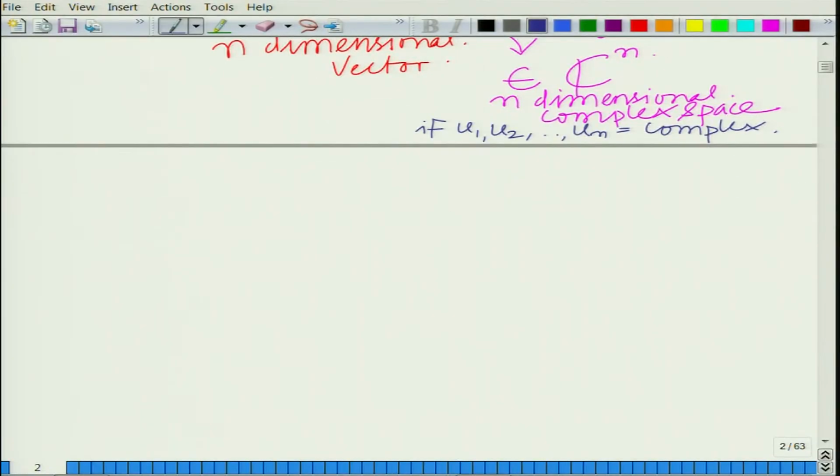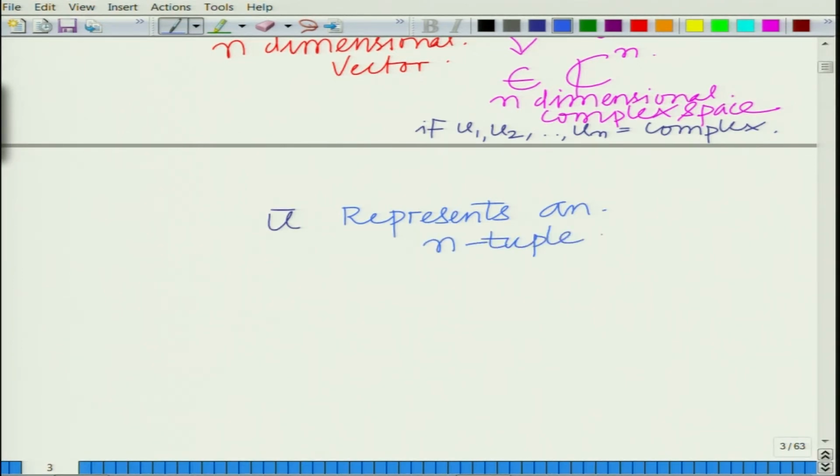Okay. And you can also say u bar represents an n tuple, or essentially you can also say this is a point in n dimensional space.